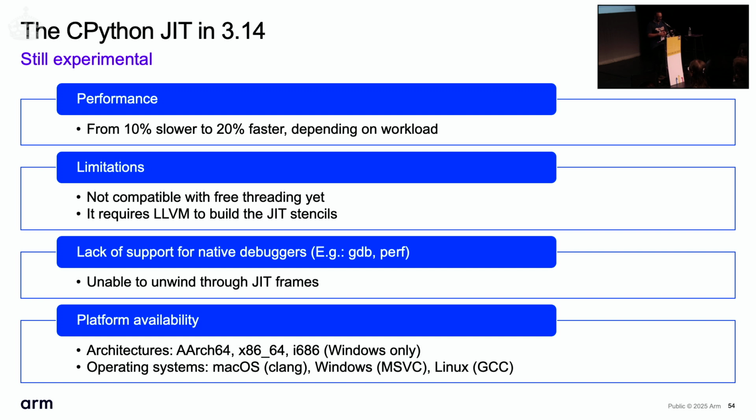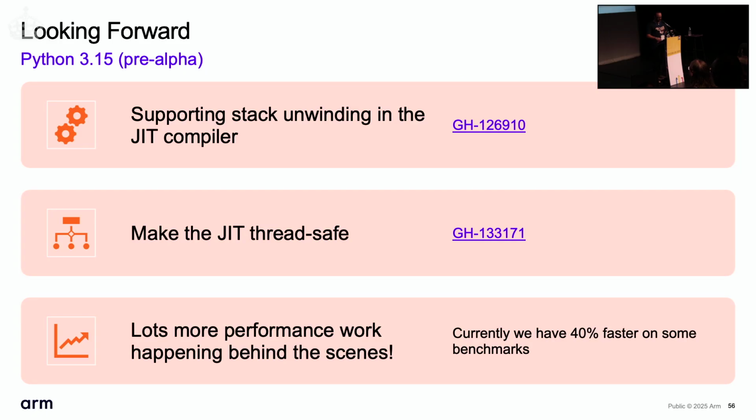And there is currently no native debugger integration, so tools like GDB, Perf, or System Profiler cannot unwind through the JIT frames yet. So the JIT today is supported on x64 and x86, and the three main operating systems, Linux, macOS, or Windows. So very, very likely you can try it out. Also 32-bit Windows is supported as well.